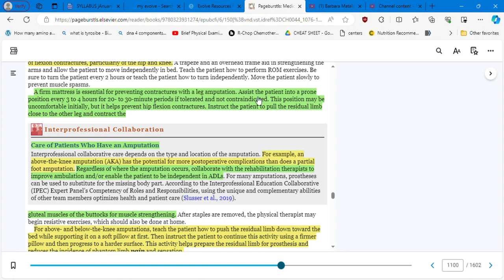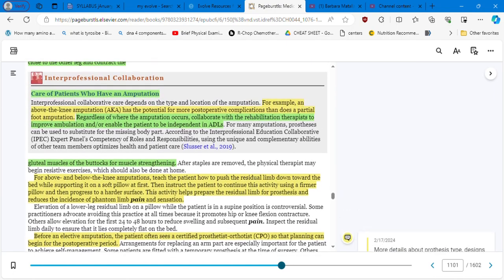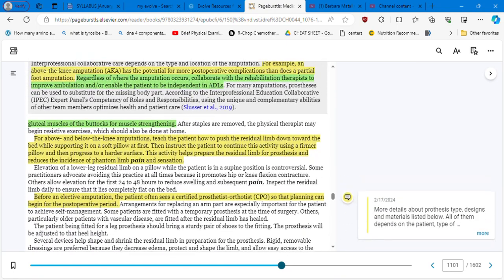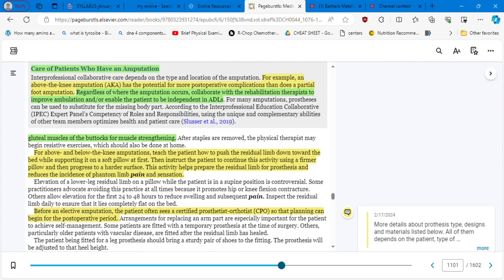Okay, remember it was a leg amputation. This position may be uncomfortable initially, but it helps prevent hip flexion contractures. Instruct the patient to pull the residual limb close to the other leg and contract the gluteal muscles of the buttocks for muscle straightening.